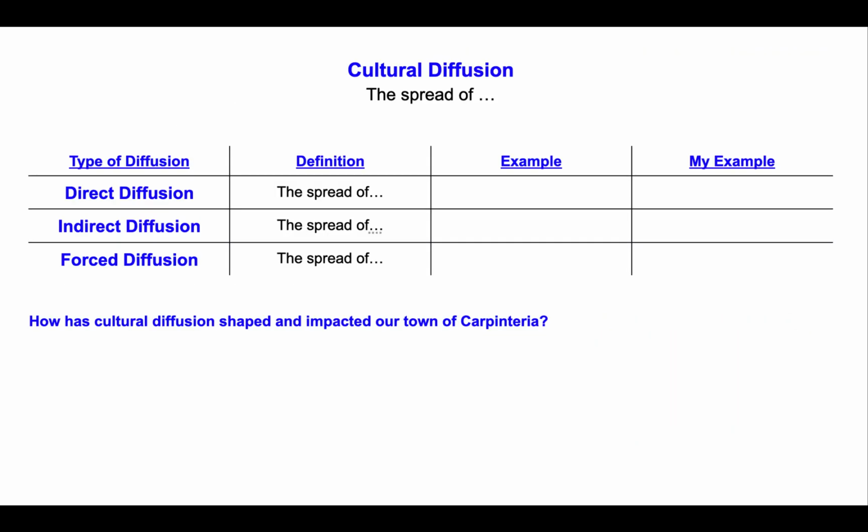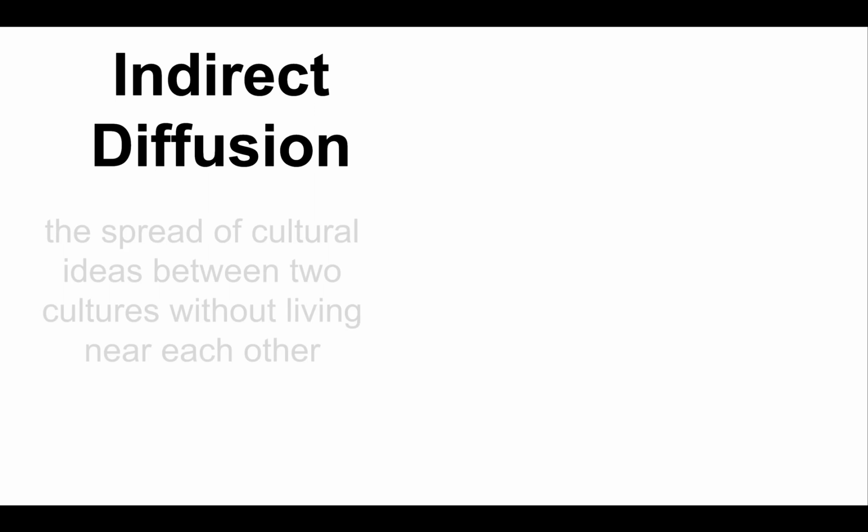Okay, so once again, that example that I offered you there is going to go right there. And now just pause this and come up with an example on your own, another example of direct diffusion. And then we'll move on to indirect diffusion.